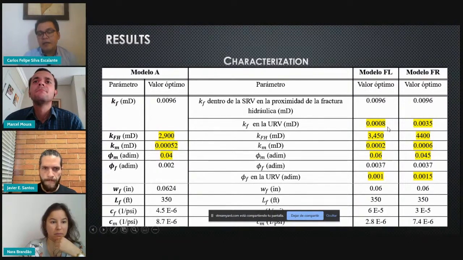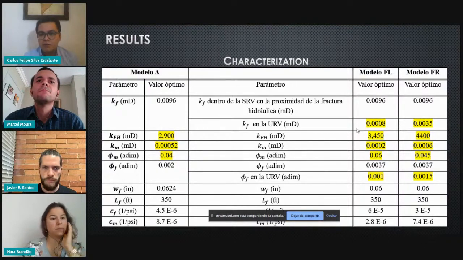Then we can compare or corroborate with the laboratory results and increase the knowledge about what type of reservoir we have, and its properties.